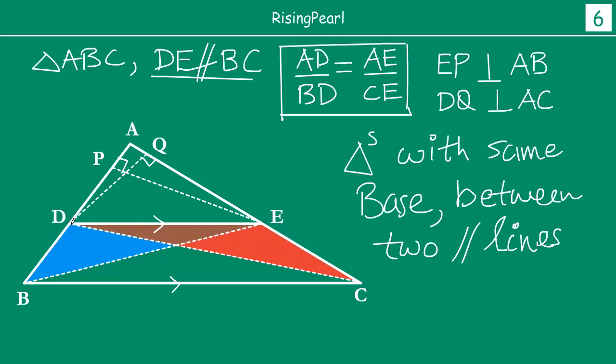So the triangle BDE highlighted in blue and CDE highlighted in red have the same base DE and they are between the same two parallel lines DE and BC. If this is the case, then we know that the areas of these two triangles are equal.